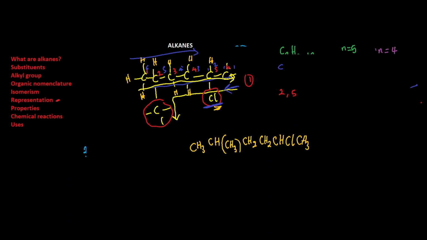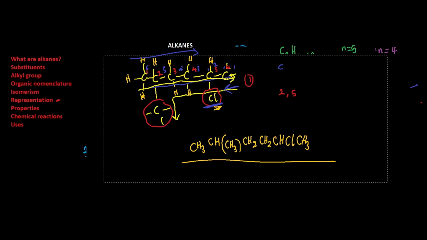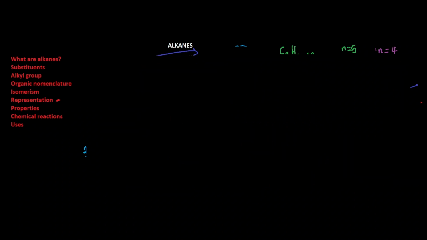And the last carbon here is attached to 3 hydrogens, so CH3. Now this is the condensed formula for this particular compound. So with these 2 practices and with further practice, we should be able to give the condensed formula for compounds. So that's that on representation.